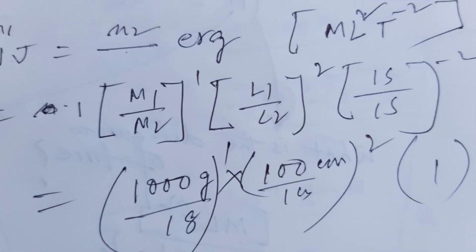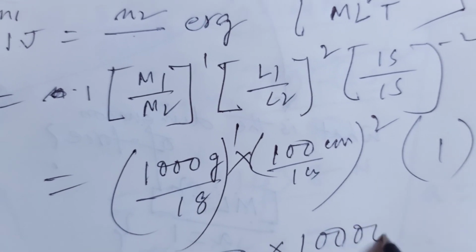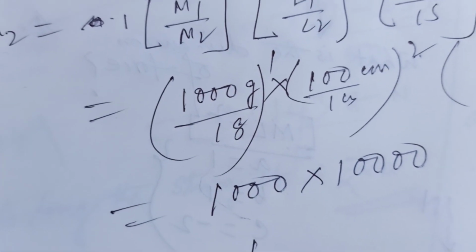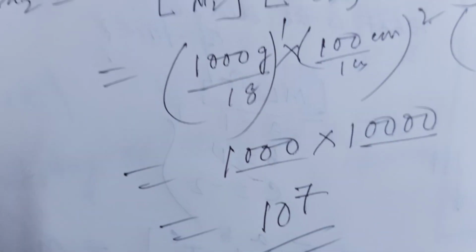So this is 1000 and this is 1, 1. Since this is the square, so 4 and 3, 10 to the power of 7. So the answer is 10 to the power 7.